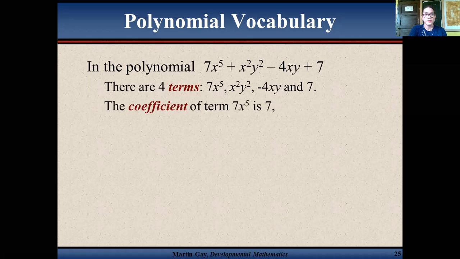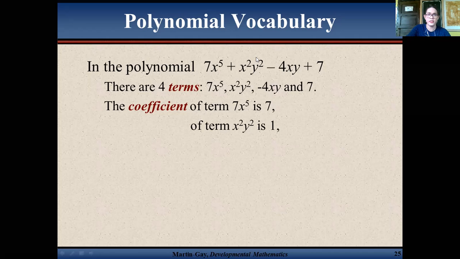Do not forget the coefficients of the terms. The numerical coefficient of 7x to the power of 5 is 7, obviously. Of the term x squared y squared it is 1. You may wonder, but there's always a 1. For example, if we have x, there is always 1 in it. If you cannot see any numerical coefficient on a variable, or in a term consisting only of a variable, there is always a numerical coefficient of 1 and an exponent of 1.